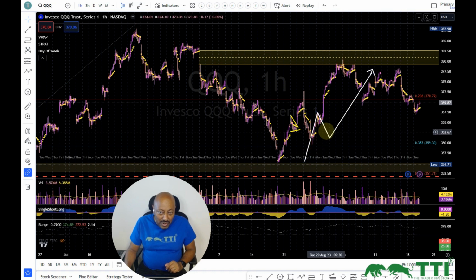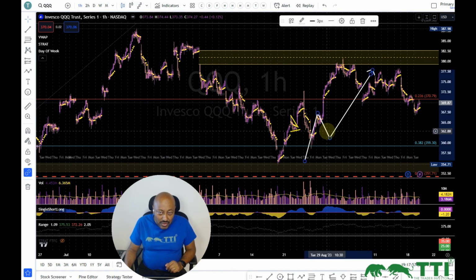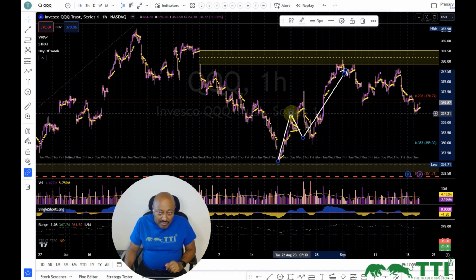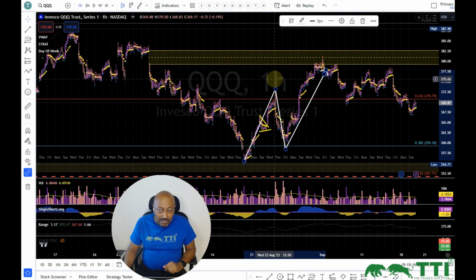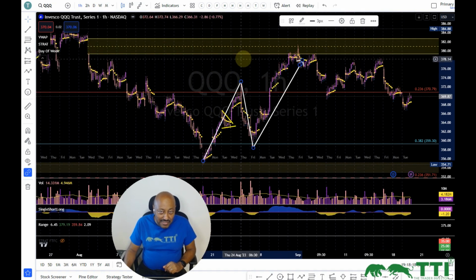You have these two areas, you have this area where you've failed to make a lower low. So this could be a signal to go up high to close these gaps, right? This could be a play that we've kind of discussed the last time we met, and that's exactly what happened.